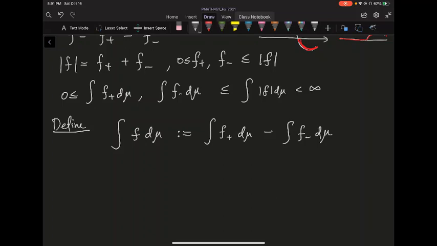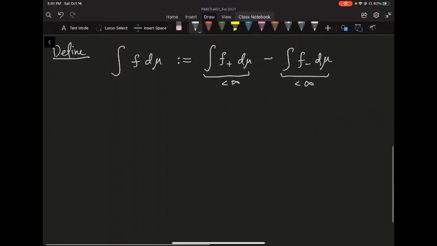This is how we define the integral of any integrable real-valued function. Here it really makes sense because these two integrals are both finite, so you're not taking a difference of two infinities. That would not be defined. All right, so now we have a definition of this integral.